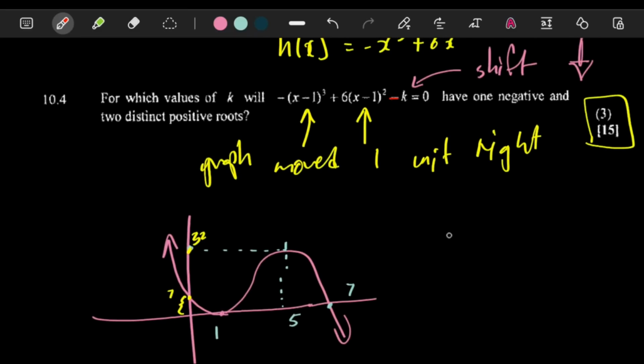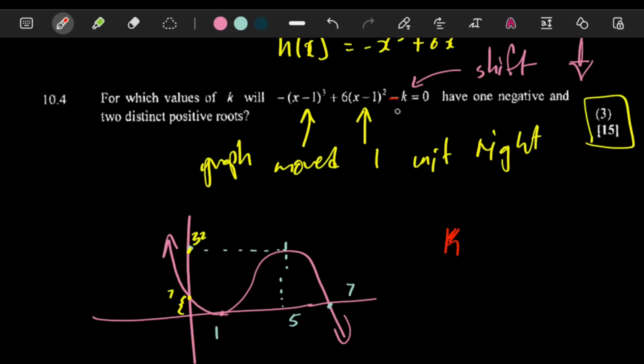So you're going to need to say here k needs to be, this is where it gets a bit tricky. Remember there's a negative here. So if k is a negative number, it means that your graph will be moving upwards. In our case, for us to have the scenario that we spoke about, our graph has to move downwards.